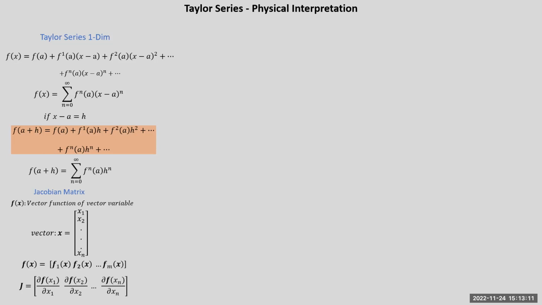Though it looks like a row vector, each term in this row vector is a derivative of a vector function, where f has m components f1 to fm. So each term in this row vector is expressed as a column of m functions, and therefore it forms a matrix which is called the Jacobian matrix.